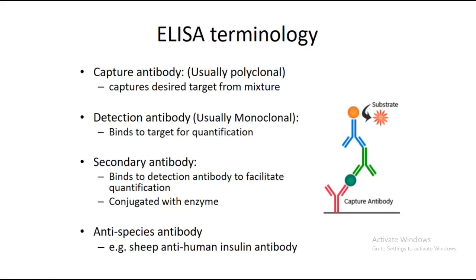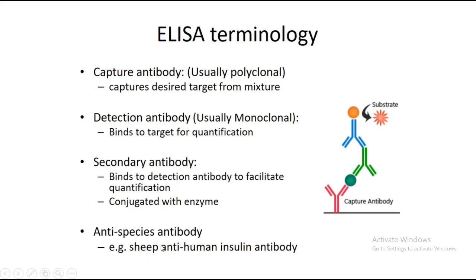In terms of this nomenclature, the first thing you consider is where the antibody was produced. Where did we extract the antibody from? In this case, the antibody was produced or extracted from a sheep. The next thing is what species is the antibody targeting?